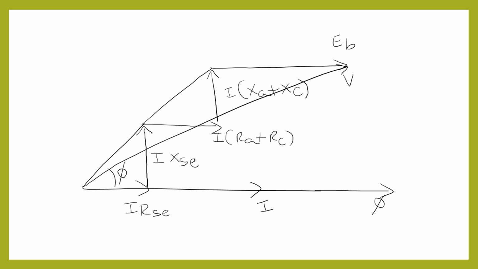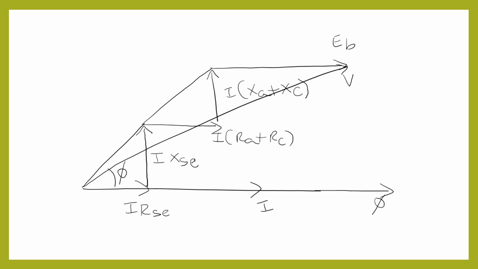And then we have the armature and compensating winding drop, that is I times RA plus RC, which is in phase with flux phi, and the drop due to the reactance of armature and compensating winding, I times XA plus XC, is 90 degrees leading the flux phi, and the back EMF voltage is also in phase with the flux phi.